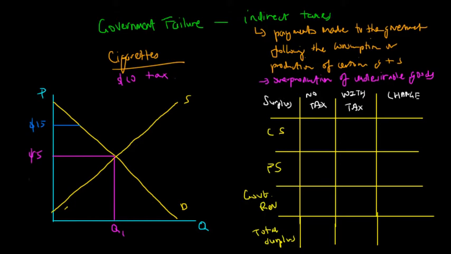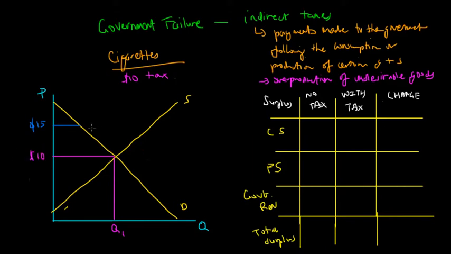Actually, let's keep the tax at $10, but let's set the equilibrium price of a cigarette at $10. This is a more realistic example.